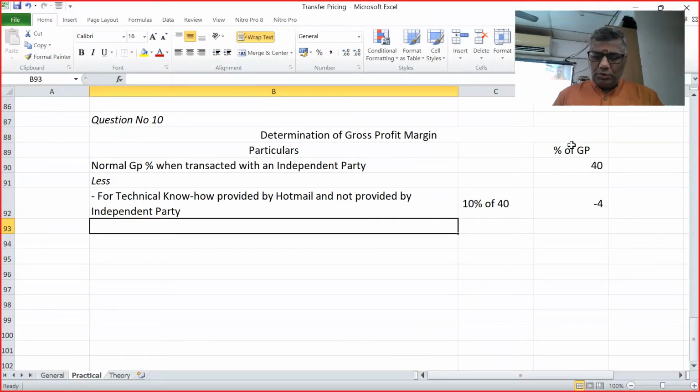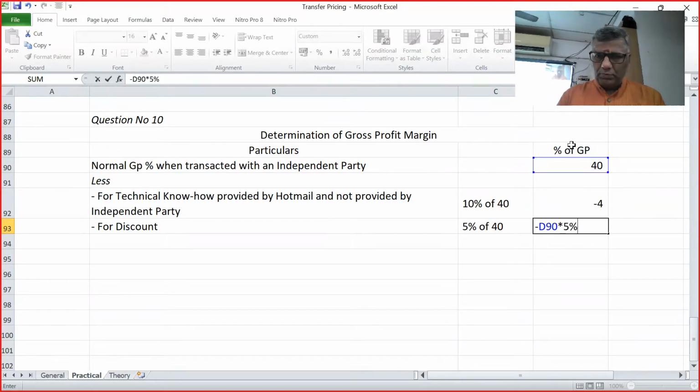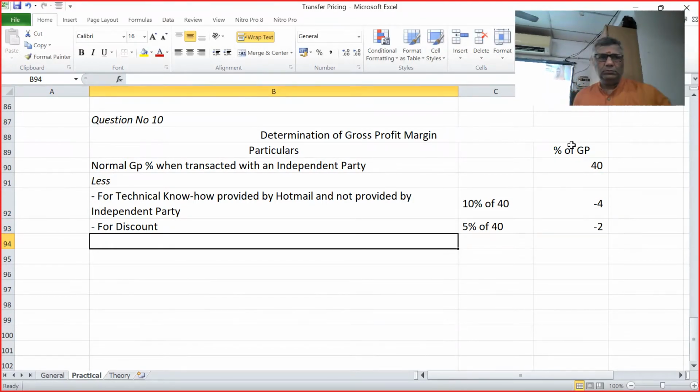Quantity discount. Are you clear? What is the next item?